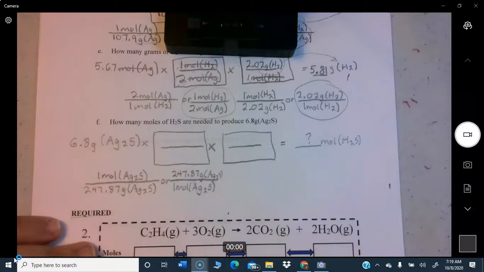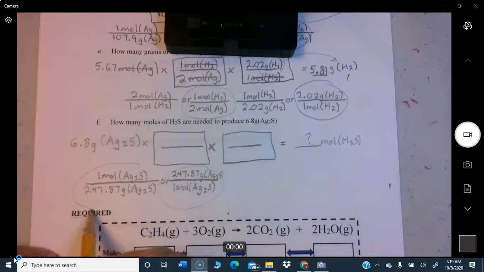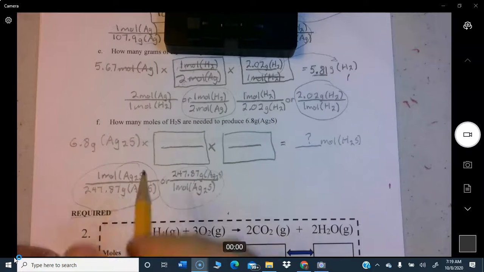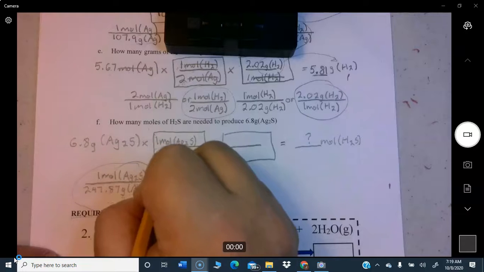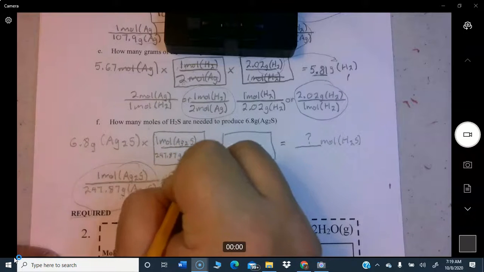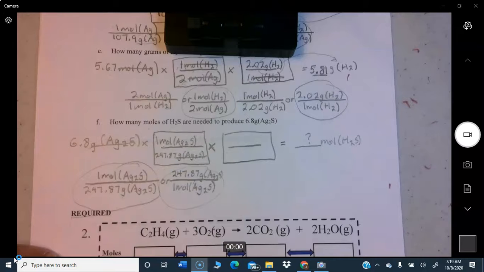Which of these 2 goes in there? We need grams of Ag2S to cancel, so it's going to be this one right here, the first one. Grams of Ag2S cancels with grams of Ag2S.